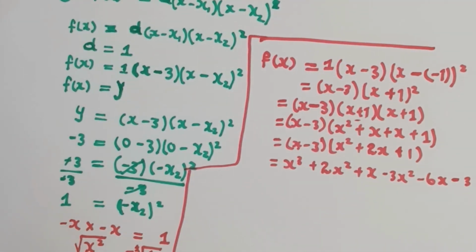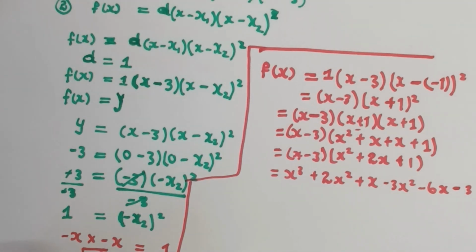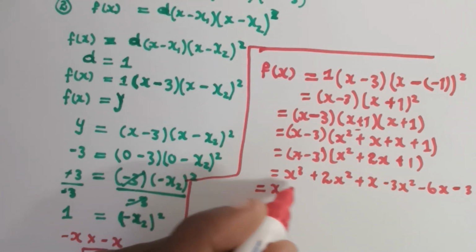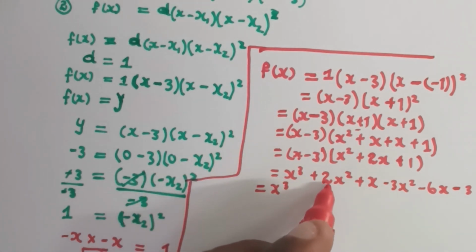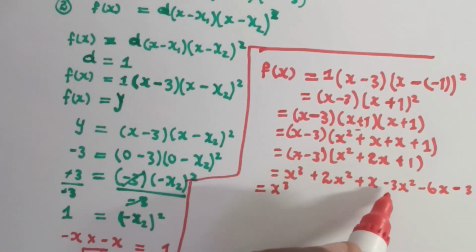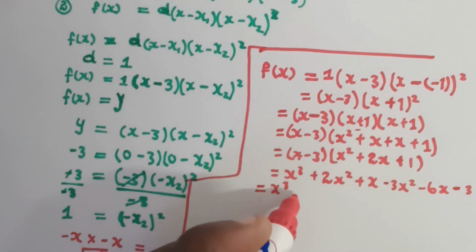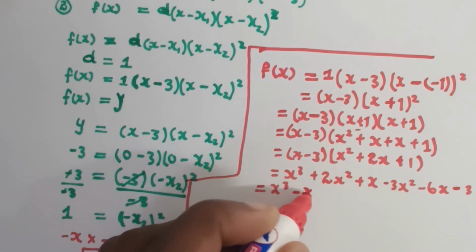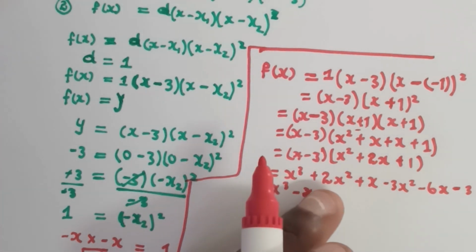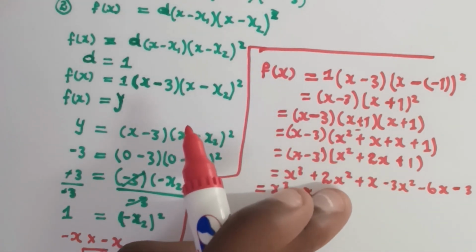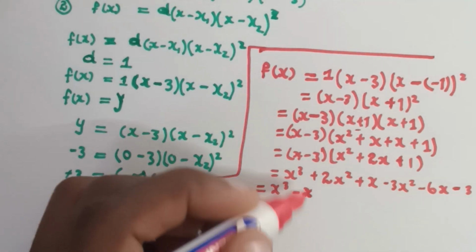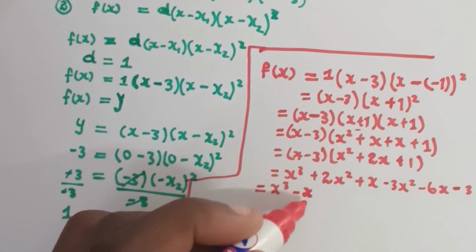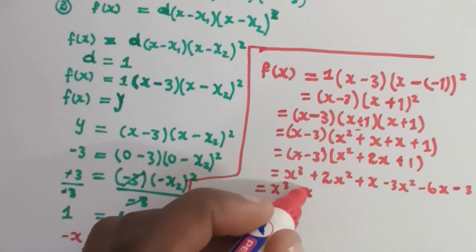So now let's try to add the like terms, and then we'll get our general equation. So it's x cubed here, and we say +2x squared and minus 3x squared, we'll get a negative x squared, because plus -3 plus +2 is -1, and there's no need for us to write a 1 there.